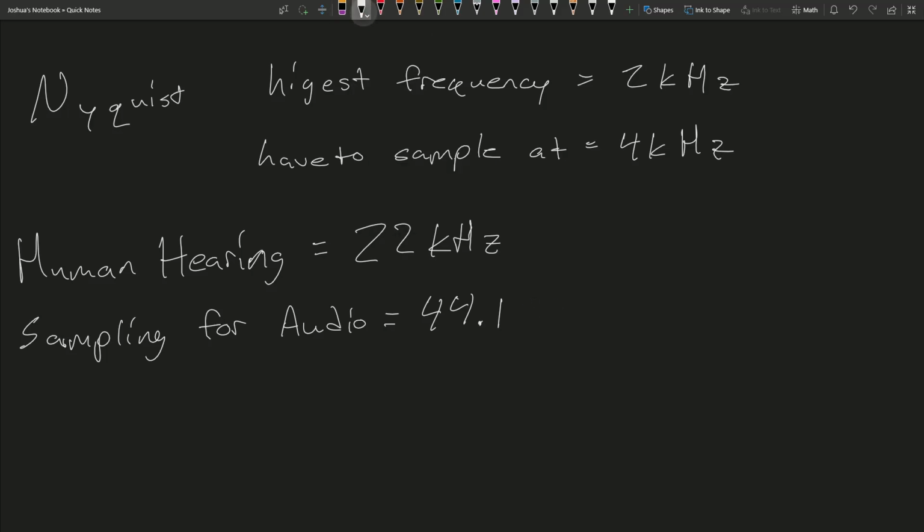And they say something like 92 kilohertz is unneeded. So all they do is they pull out the Nyquist theorem and they say, well, due to Nyquist, you only have to sample at 44.1 kilohertz.